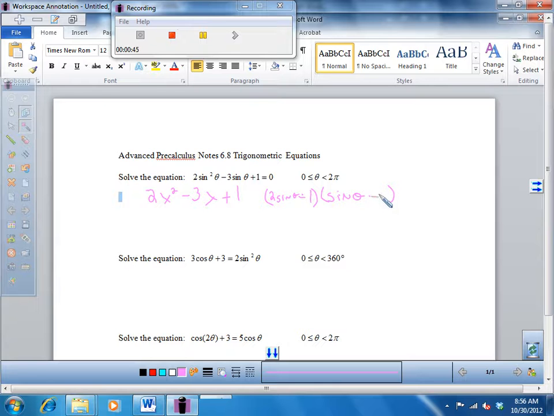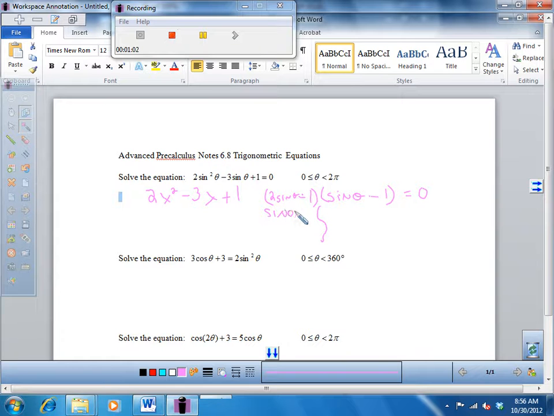Get that? Then you set that equal to 0 and solve your 2 halves of the equation.